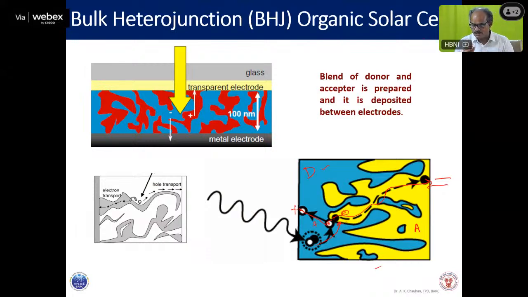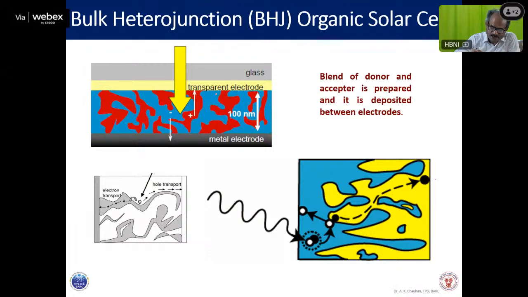Each donor has a close-by acceptor, so boundaries are now very near. The diffusion length problem has been minimized. But there could now be another problem.